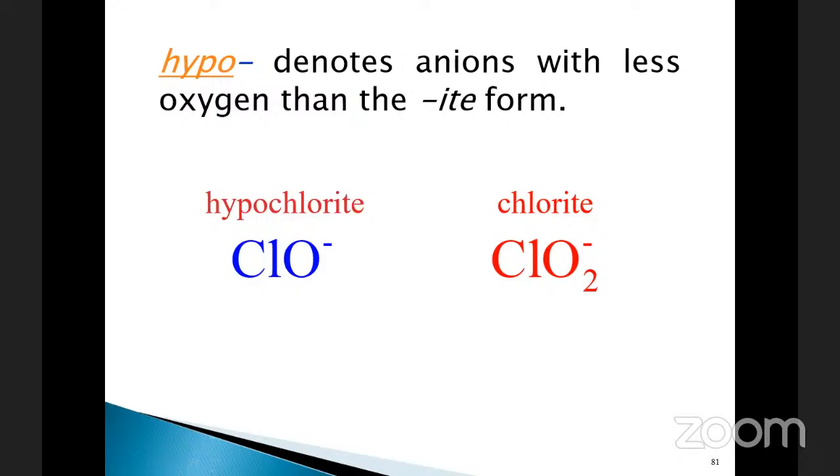So again, you cannot tell exactly the number of oxygens that are present in these structures, but you can tell which has more oxygen than which, all right? The chlorite, or anything that ends with ITE, will have 1 more oxygen compared to the one that starts with hypo, followed by the stem of the name of the other element, followed by ITE, all right? So that's basically what that tells you.